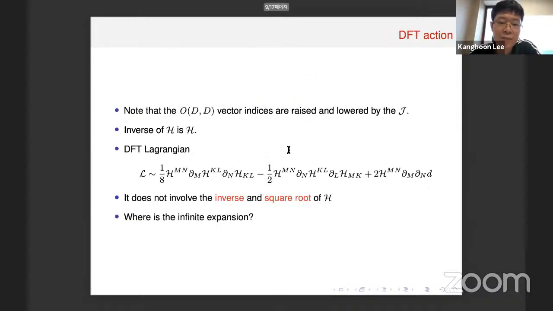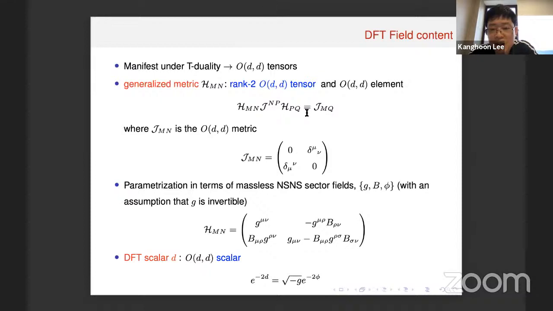So we can use the O(D,D) metric to raise or lower the O(D,D) indices. And so it is important. And the inverse of H is itself, because H is an element of O(D,D), so it has constant determinant, an orthogonal group element.